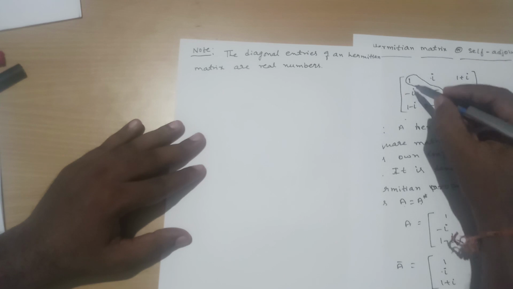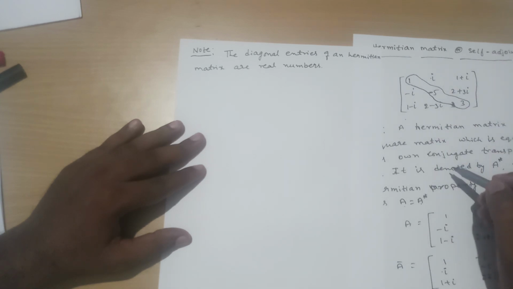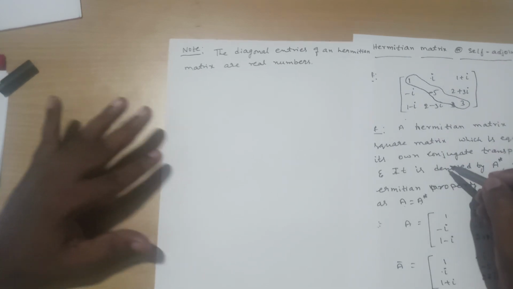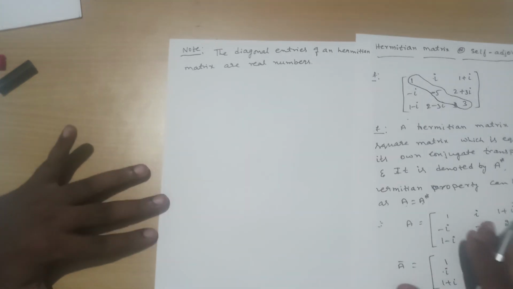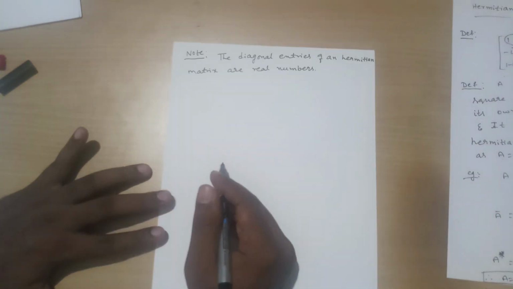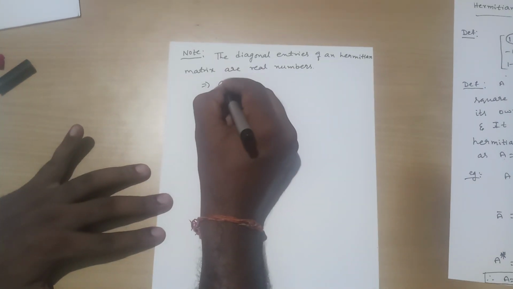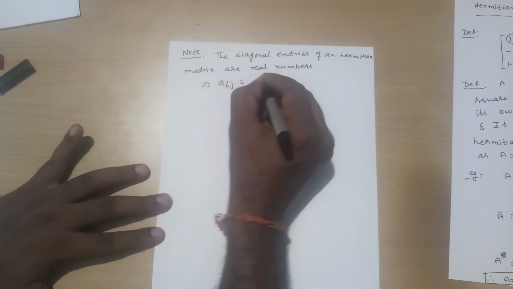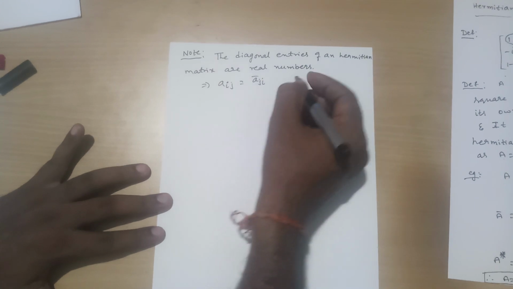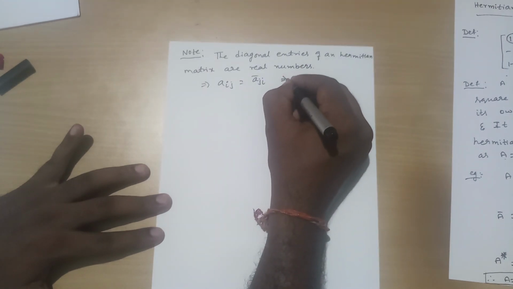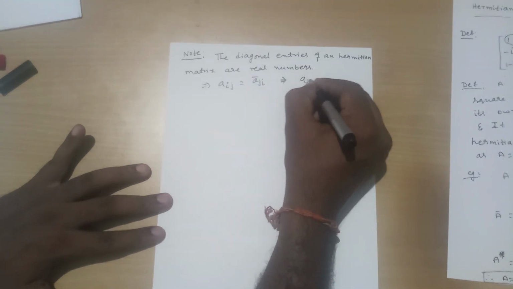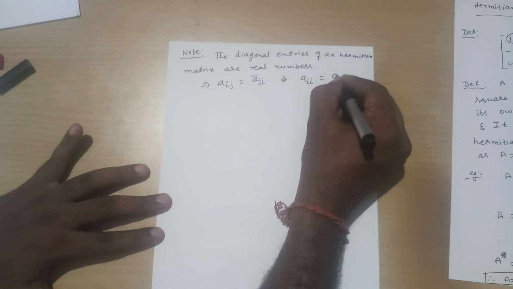So here real numbers should be there. Okay, so next, this implies Aij equals conjugate of Aji, or this implies Aii equals conjugate of Aii.